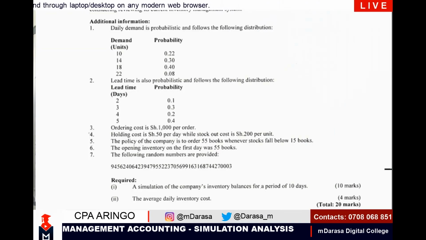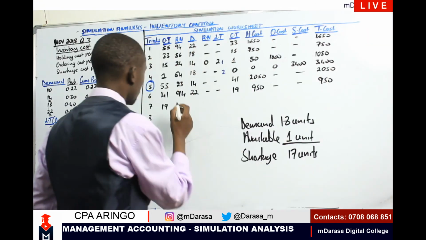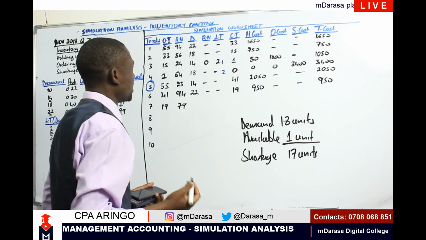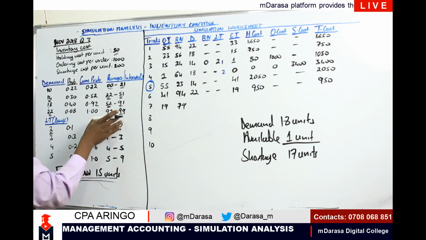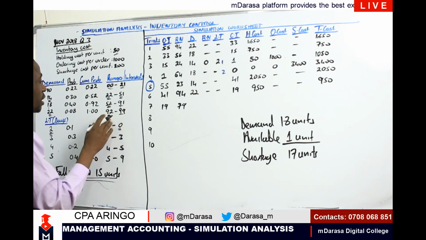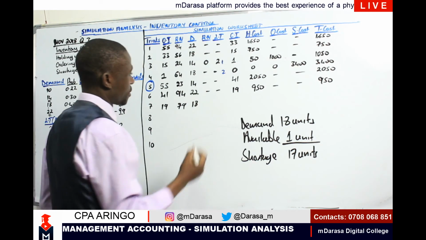Random numbers, I can clearly see we had, of course, after 94, I'm having 79. So you're going to take 79 there. Demand at that point come to whatever that we had prepared in our range. 79 will fall in between 52 and 81 to give us 18 units, right?